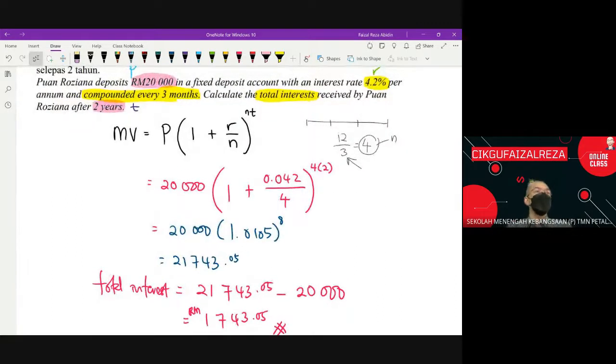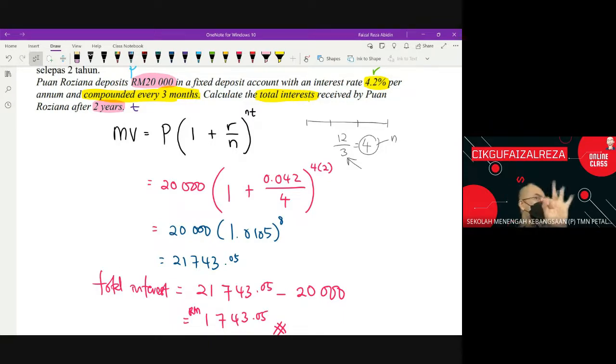This one, be careful with compounded there. Maybe this type of question is going to come out. So be careful. Maybe if I say compounded every 4 months, 12 divided by 4, you are going to get 3.